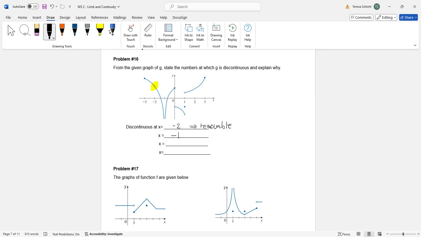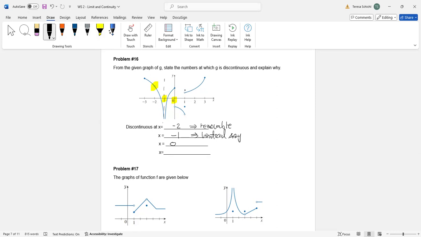So the next one here is -1. Why is -1 discontinuous? Because when x equals -1, this is the vertical asymptote. All right, then the next one here is x equal to 0.